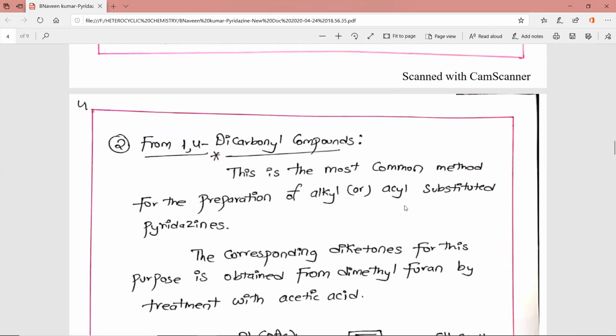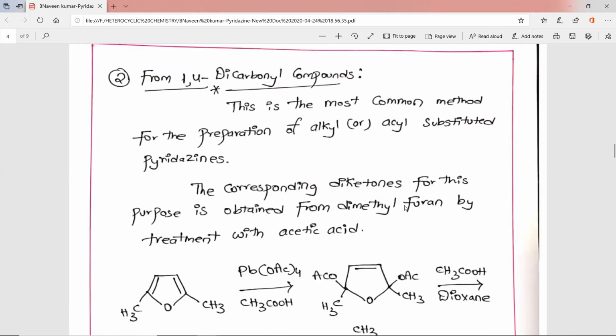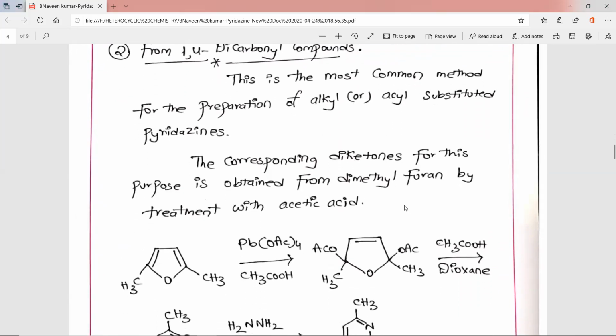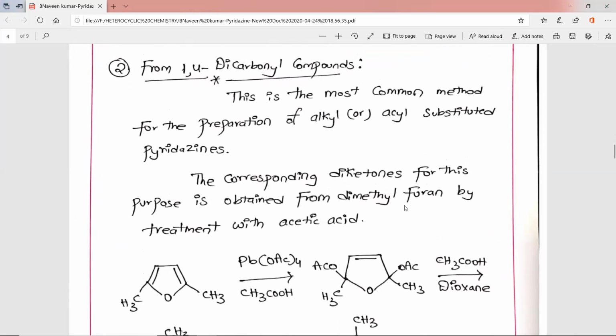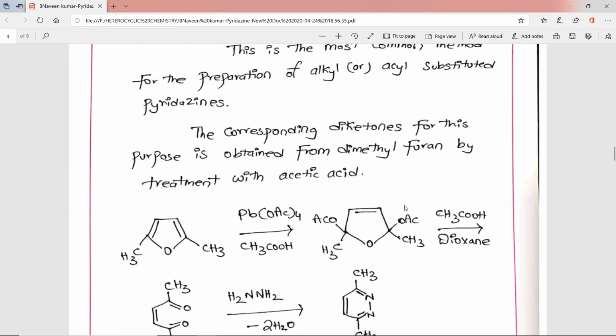The second method is from the 1,4-dicarbonyl compounds. So it is not maleic anhydride, it is the 1,4-dicarbonyl compounds that have been obtained from a substituted furan. So 1,4-dicarbonyl compounds react with hydrazine to form the pyridazine derivatives.